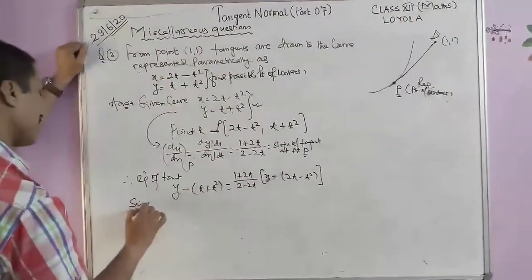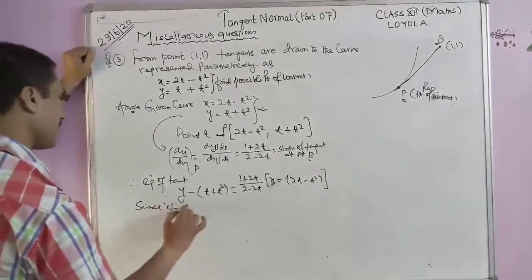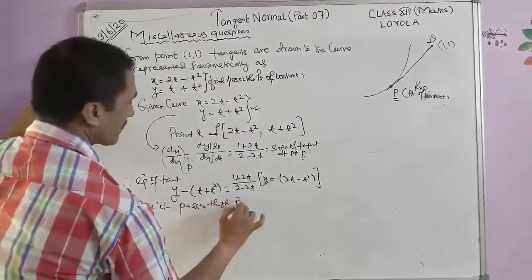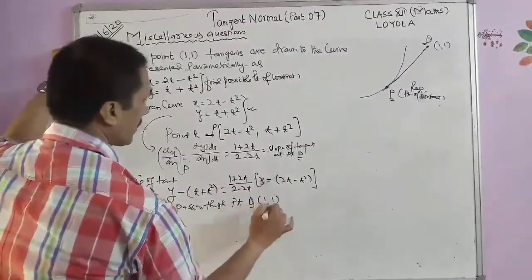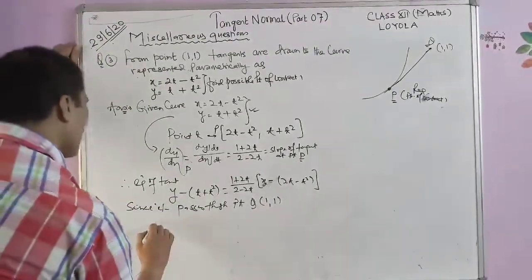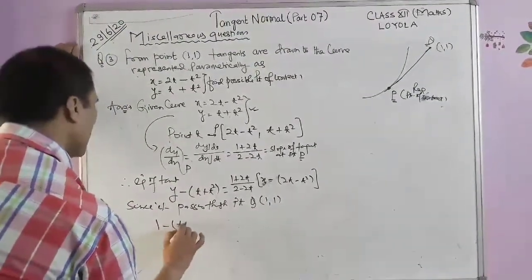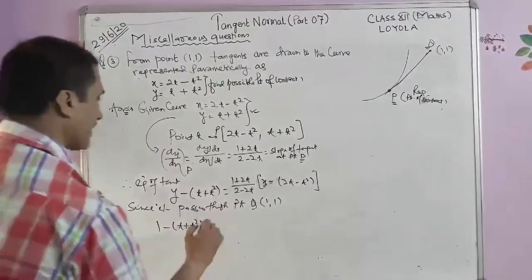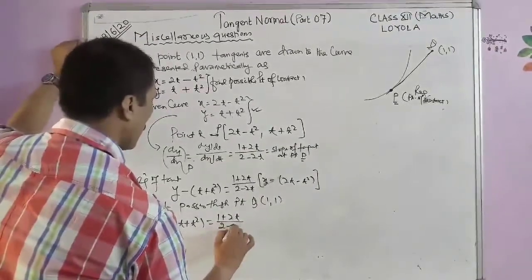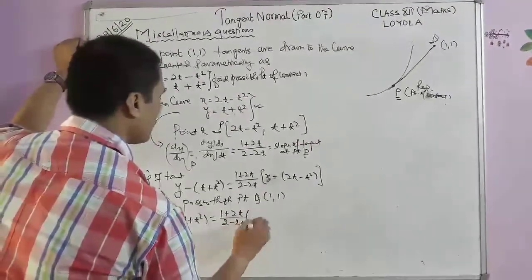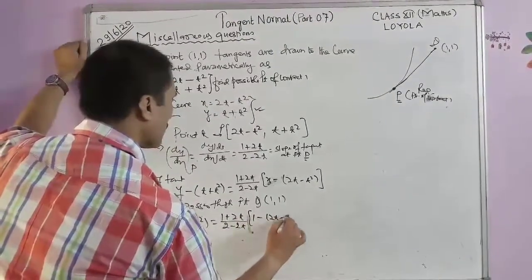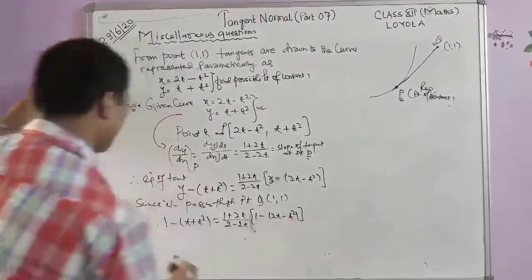Since it passes through point Q (1, 1), replace x by 1 and y by 1. So 1 minus t minus t square equals (1 plus 2t) upon (2 minus 2t) times (1 minus 2t plus t square).